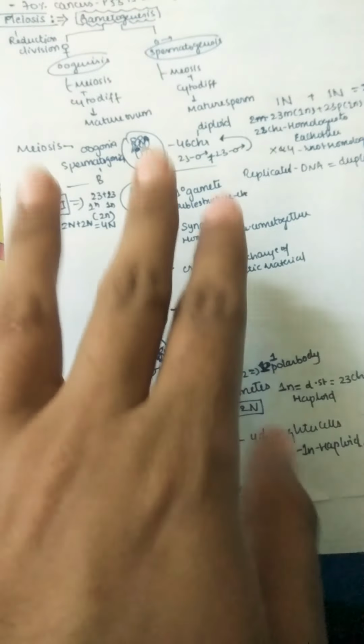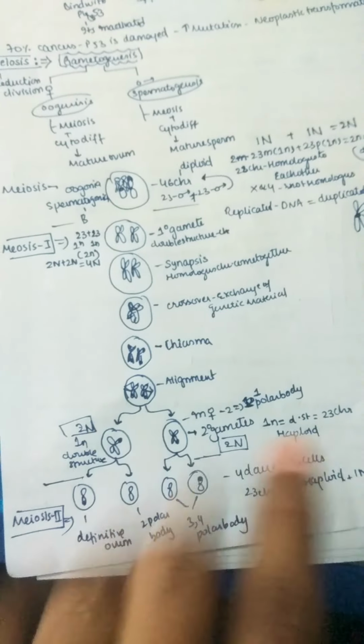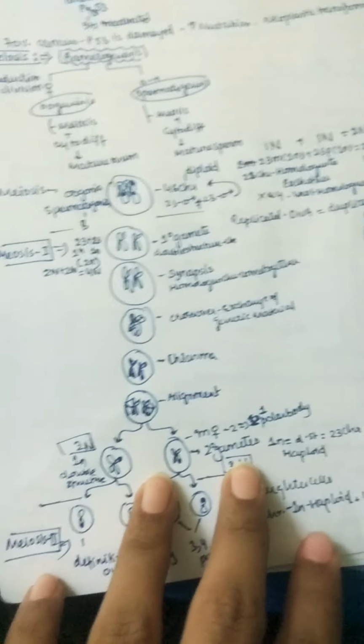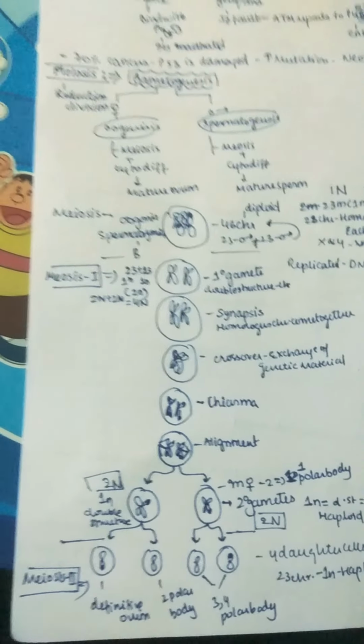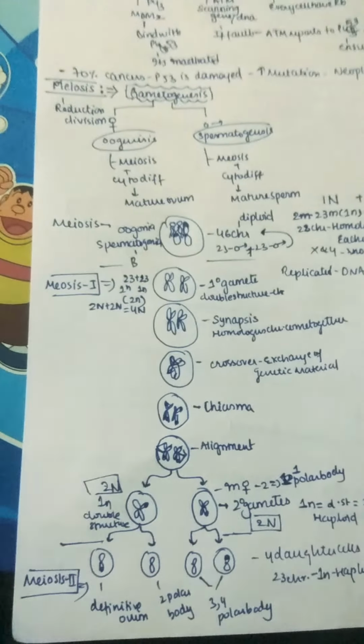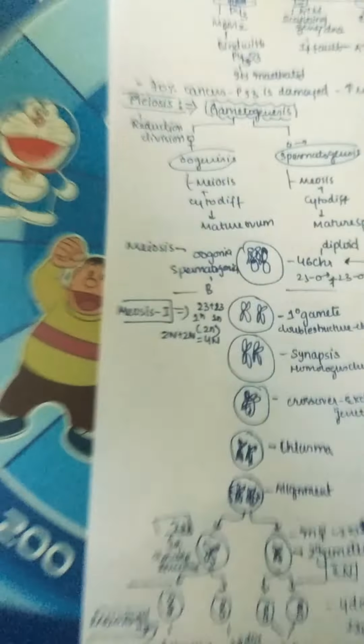Actually, we start the cycle with a double structure, but finally only single structure chromosomes remain. Of course four daughter cells are formed, but only with single structure. So it is a reductional division with four daughter cells. Also remember that we started with a diploid, but finally they end as haploid. So by this also we can say it is a reductional division.